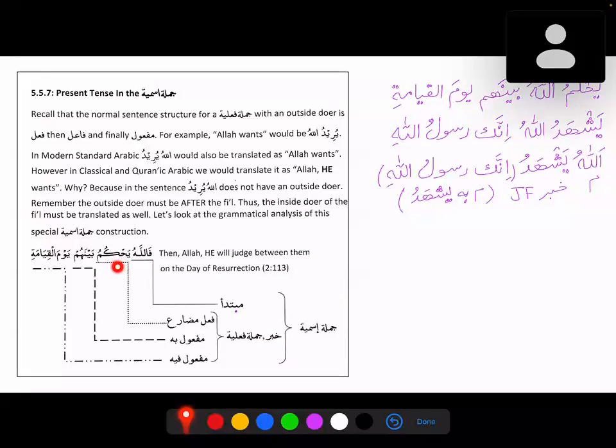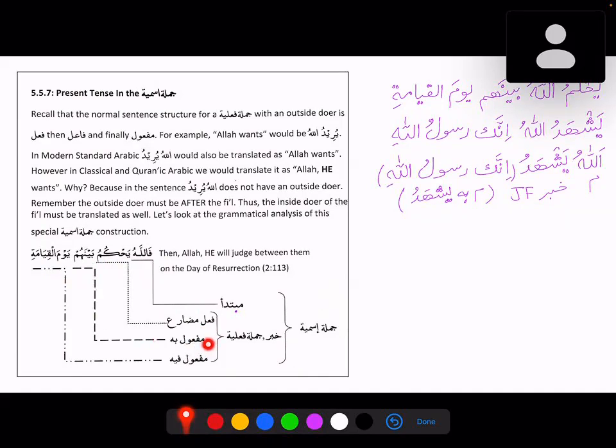Yahkumu, he judges, bainahum, or he will judge, between them, yawmul qiyamah, on the day of judgment. So now, fallahu, fa is a connector, the word Allah is mubtada, and then yahkumu is fail mudari, right?